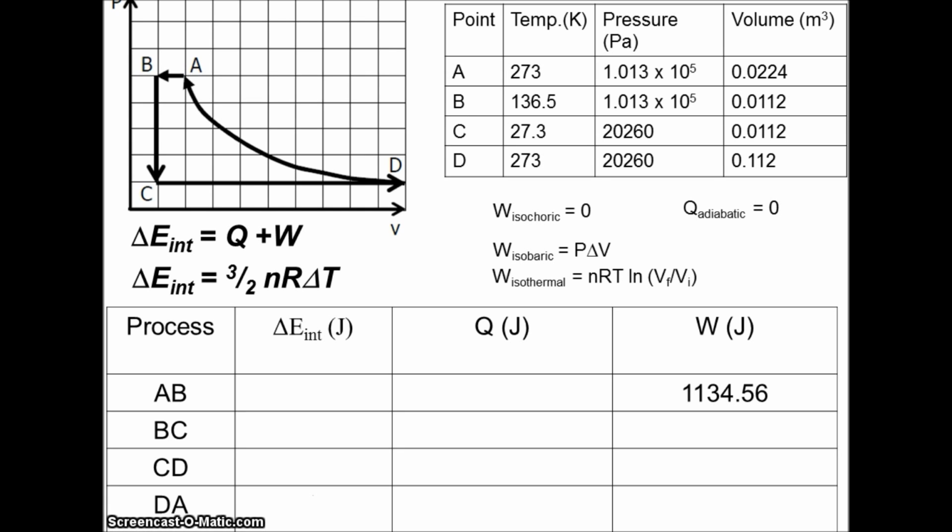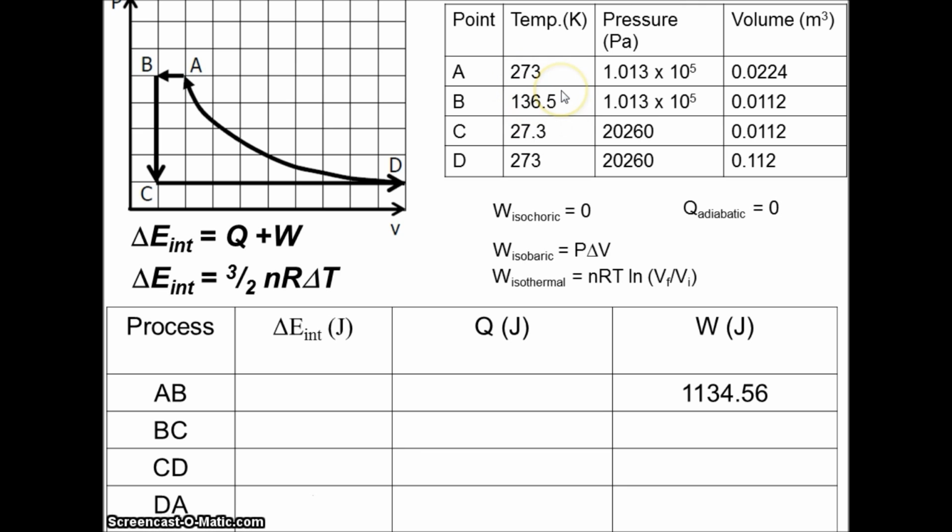I can also figure out the change in internal energy by using 3/2 nRT. The reason again this is 3/2 is there's 3 degrees of freedom that these particles can move in, either the X, Y, or Z direction. Plug in the number of moles, which is 1, universal gas constant 8.31, and the change in temperature of going from 273 to 136.5.